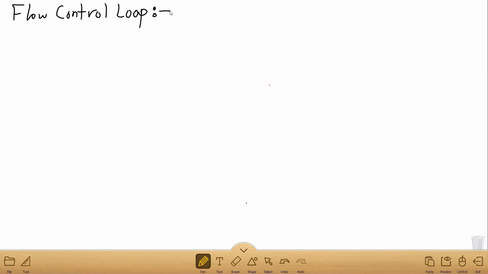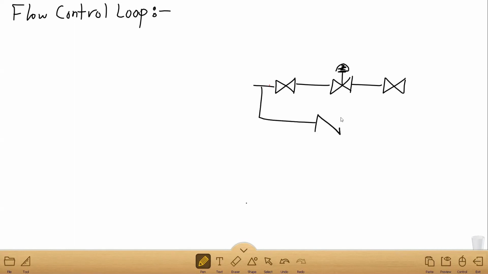I will draw a control loop like this. We can also use Visio to discuss or to draw this control loop.